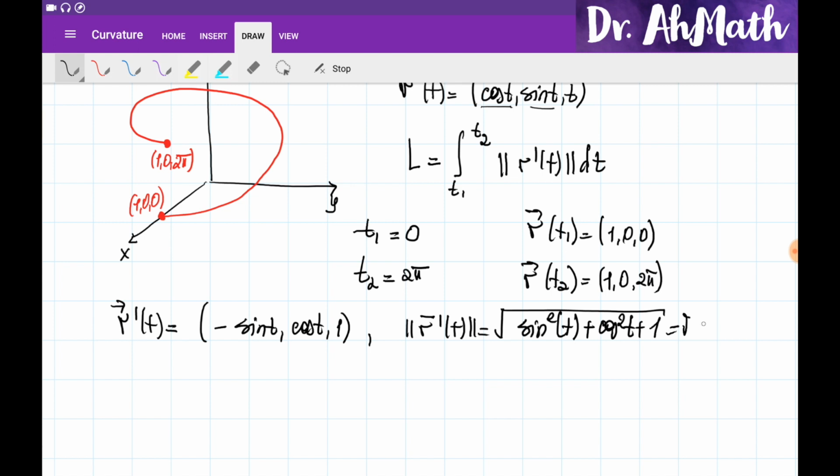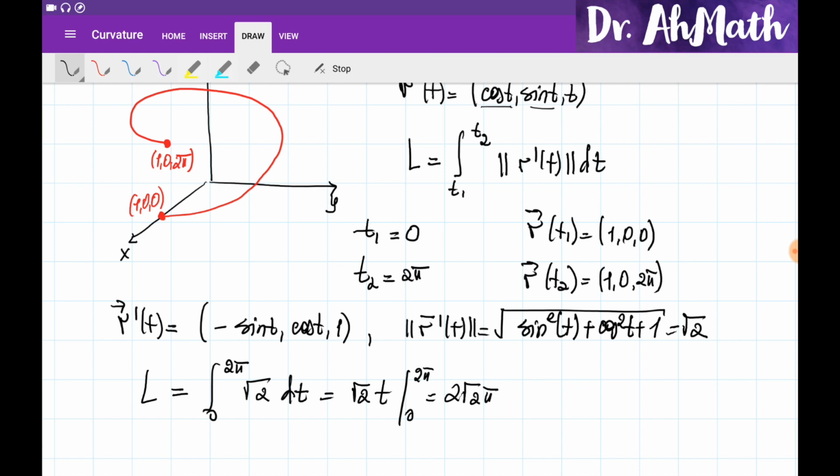So which is going to be the square root of 2. So the length of this curve between 0 and 2 pi is going to be the integral of the square root of 2 with respect to t, which is the square root of 2 t from 0 to 2 pi, which is 2 pi square root of 2.